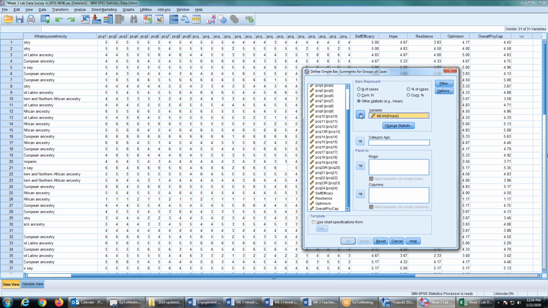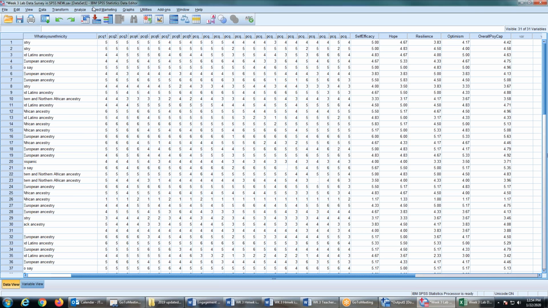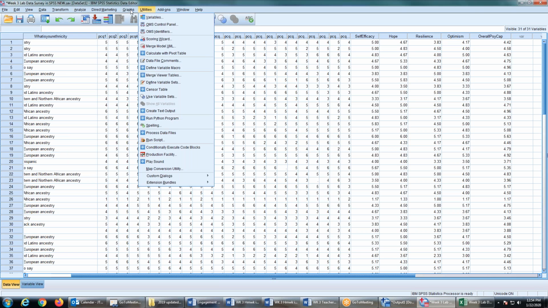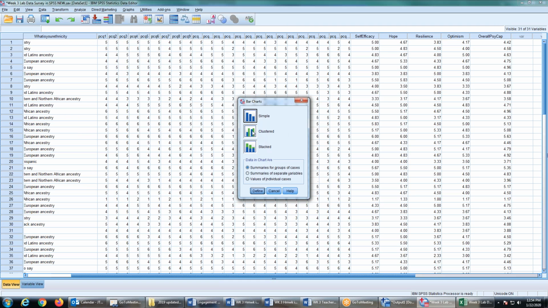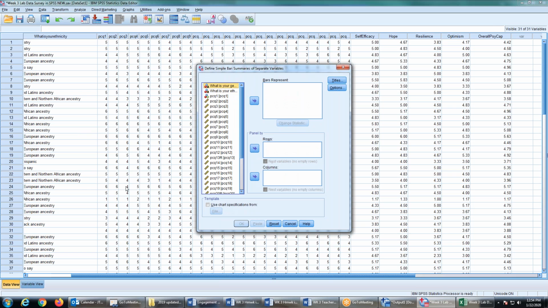But I want to do them all together, so maybe I've picked the wrong kind. Hold on. Would be clustered, I think. Probably, yeah, clustered. Summaries of separate variables. No, it's simple, but summaries of separate variables, I think. Which, let me write that down.